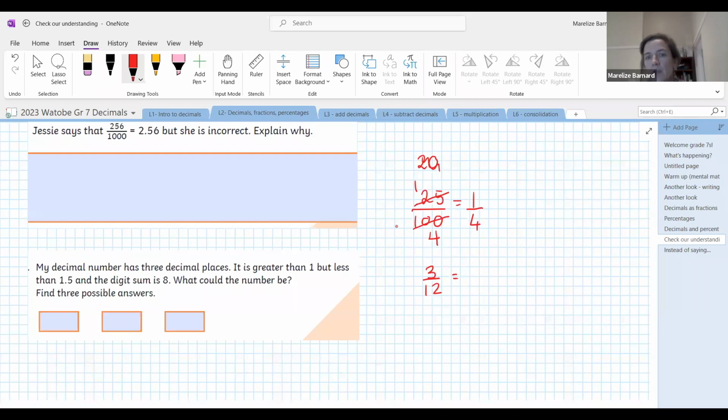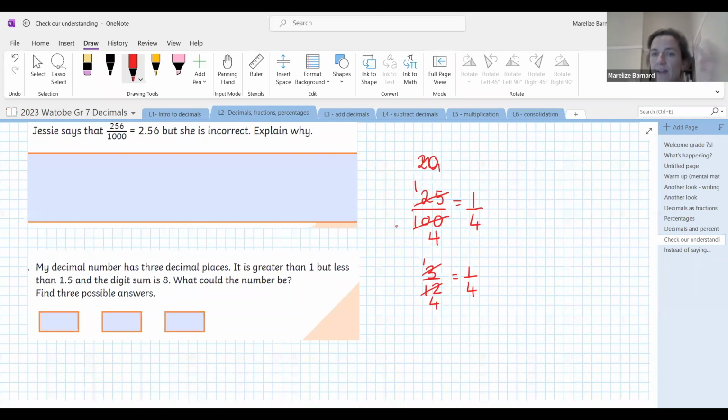Let's take something smaller. 3/12. What can go into 3 that can also go into 12? 1. Yeah, what other numbers? What goes into 3 that also goes into 12? 3. 3 goes into itself once. How many times does 3 go into 12? 4 times. So that's a quarter.